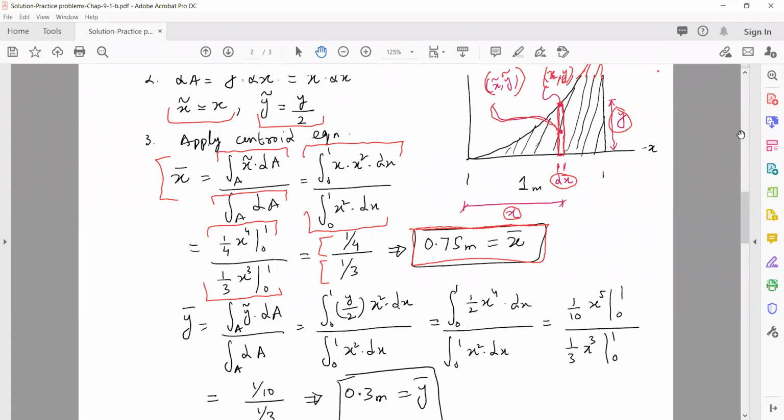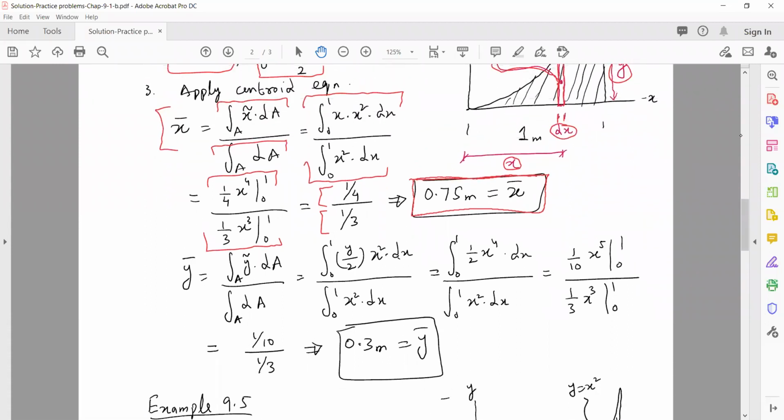Okay, now let's go for y bar. All right, so this is your y bar. Same equation, we need to use the integral of y bar of the element times dA divided by the integral of dA. Just put in the values of y bar and dA.